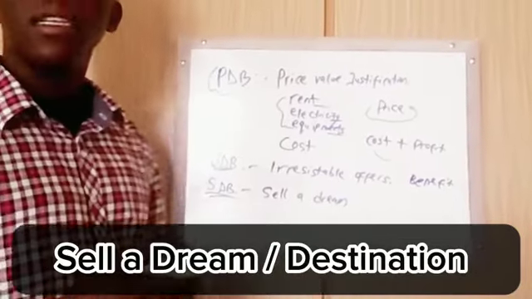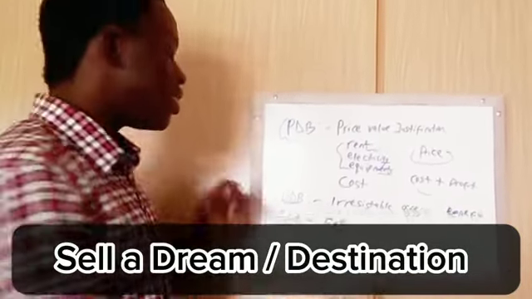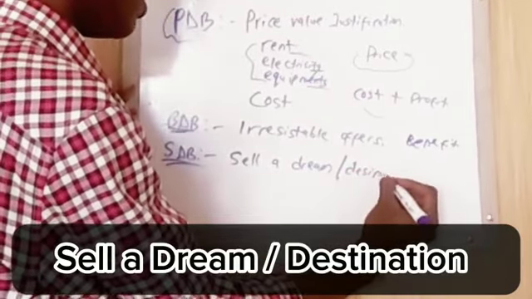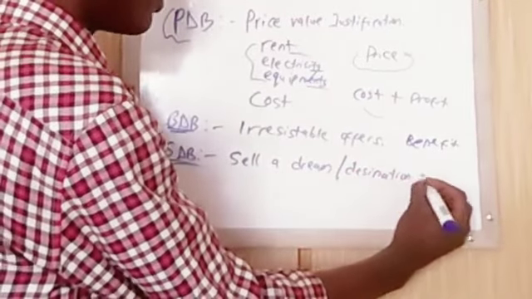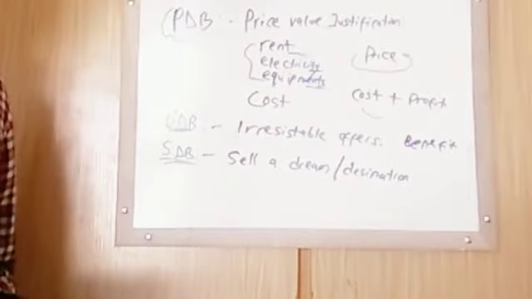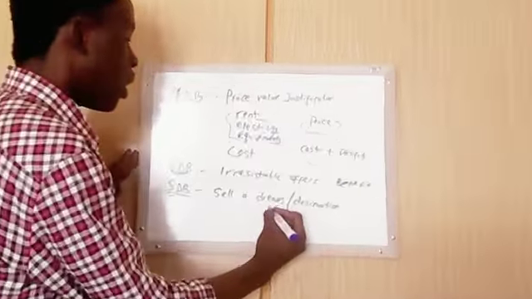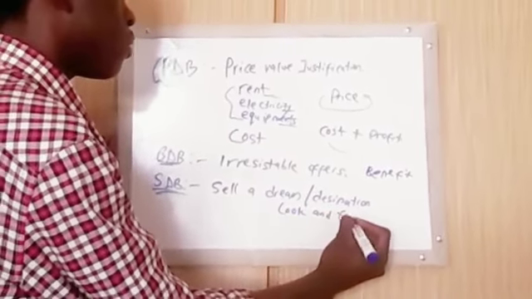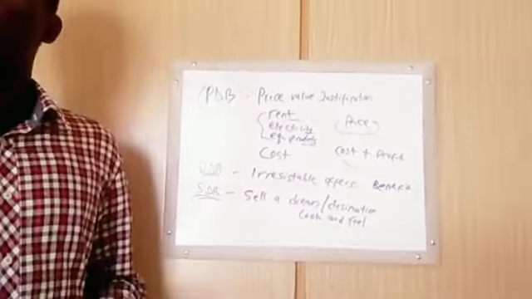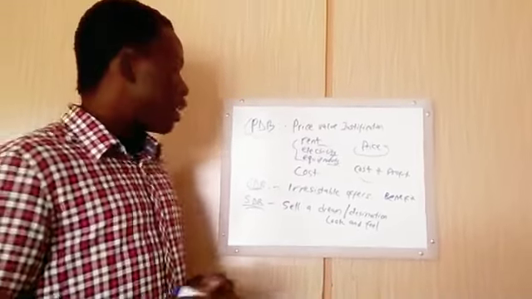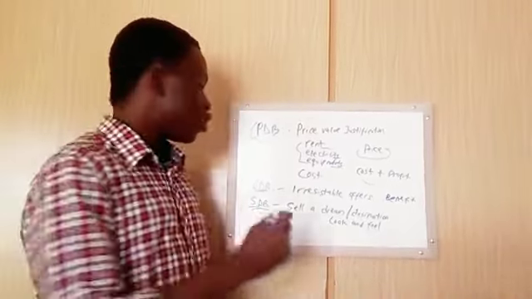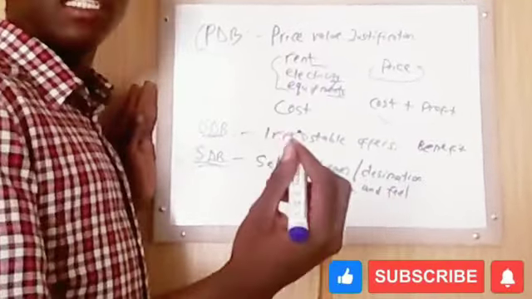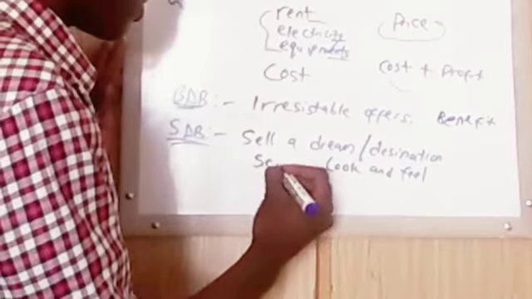When I say sell a dream, I mean you sell him the destination of where your product is leading him to, how he's going to look and feel after buying your product. And the pain point you have to hit to make him buy is you have to make him see the scarcity of your product.